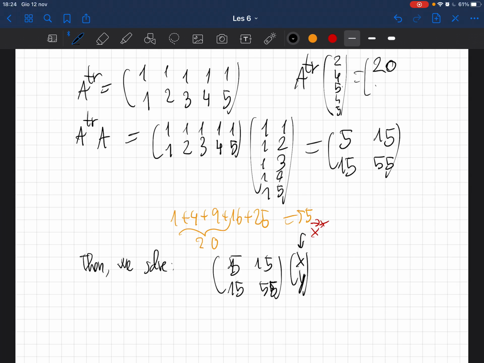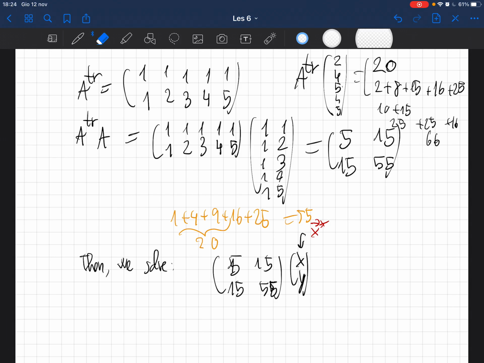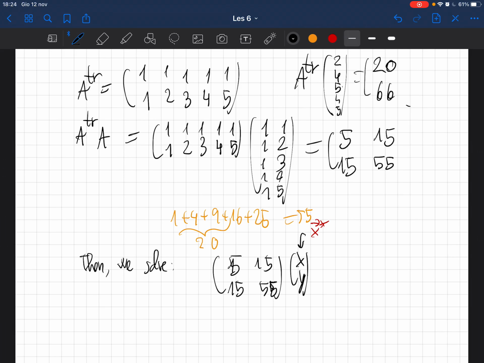And this one is, what is it? 2 plus 8 plus 15 plus 16 plus 25. So we have 10 plus 15, 25 plus 25 plus 16, 66. Should be 66. Hope I'm not mistaken here.